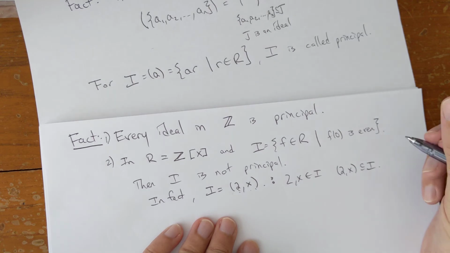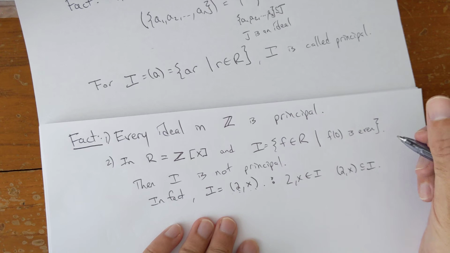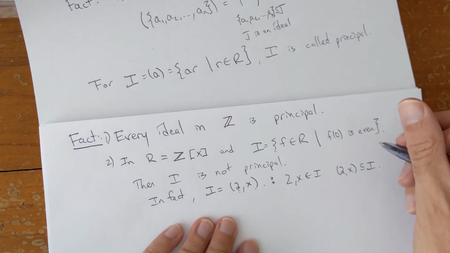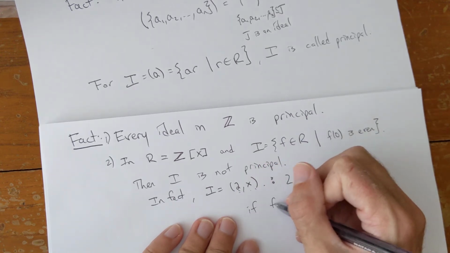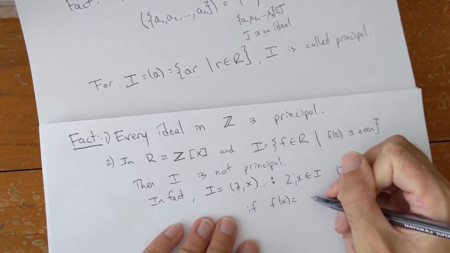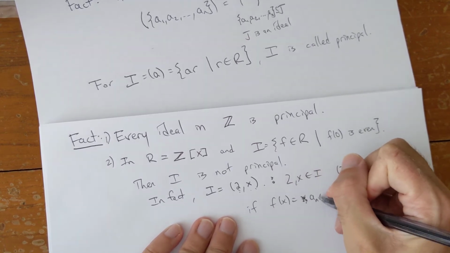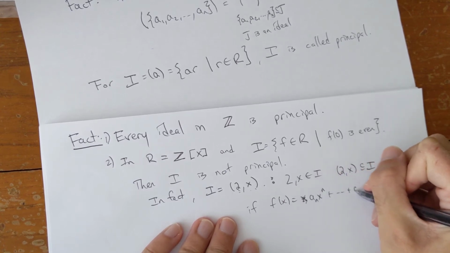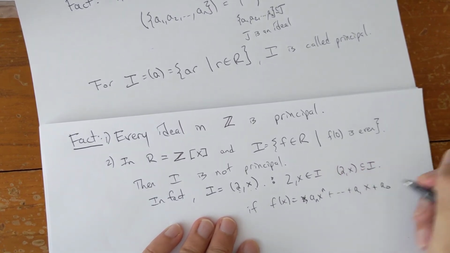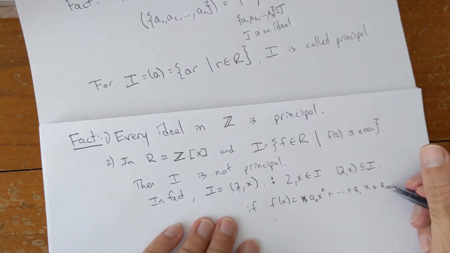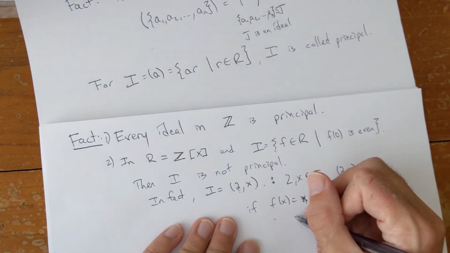On the other hand, if f of x equals a_n x to the n plus ... plus a1x plus a0, and f of 0 is even, it just means that a0 is even.